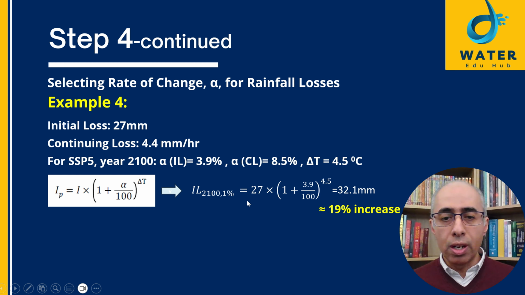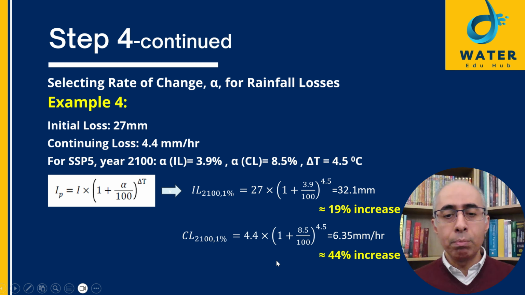For initial loss, 3.9 divided by 100. This was my initial value, if you remember. And I get 19% increase. If I apply the same process for the continuing loss, this round I have 8.5 divided by 100, and my continuing loss value was 4.4 from the Data Hub, and I get 44% increase.